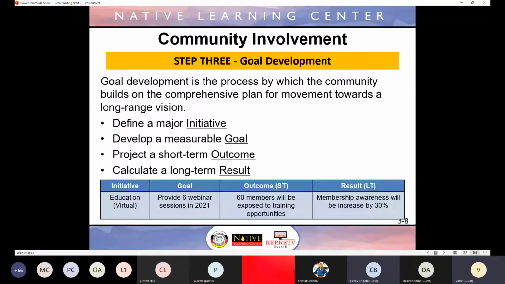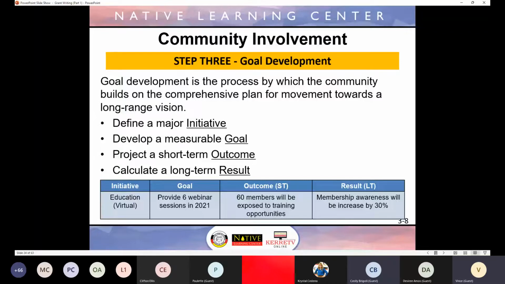You can see at the bottom of the screen, it says outcome ST. That stands for short term. There needs to be some kind of outcome, a measurable, attainable, tangible something that's coming out of those 6 webinars as a goal, right? So in this hypothetical example, 6 webinars hopefully will generate 60 tribal members exposed to some kind of a training opportunity.